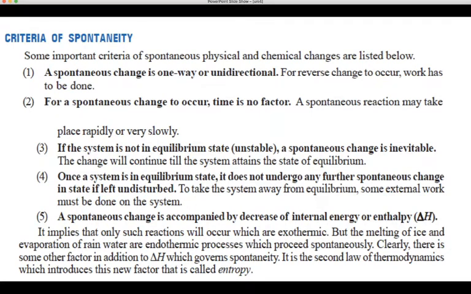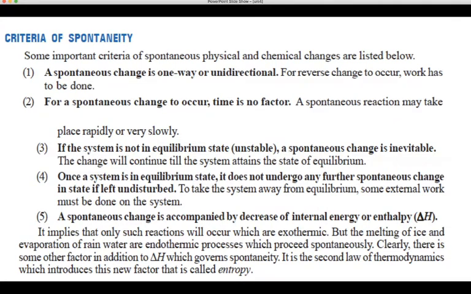The third criterion is that if the system is in an equilibrium state, then a spontaneous reaction will not follow. If the system is in equilibrium, the spontaneous reaction will not follow. It means that if there is non-equilibrium, with one vessel completely filled and one vessel entirely empty, then the system is in non-equilibrium and the spontaneous reaction will happen.